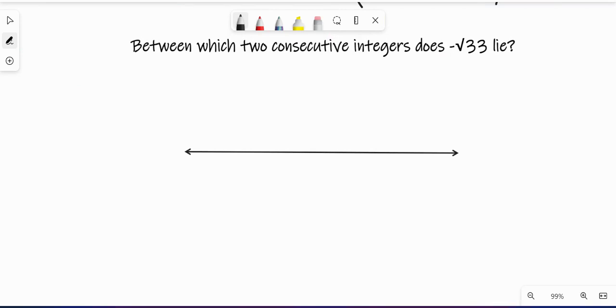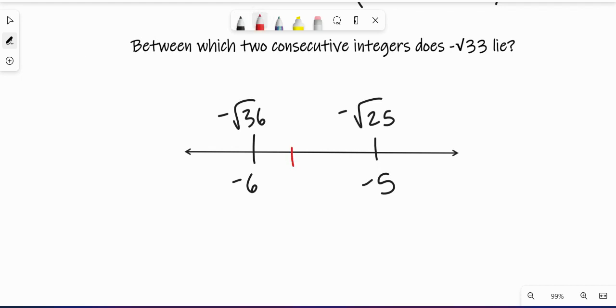So it's going to be between negative square root of 36 and the negative square root of 25. Negative square root of 36 is negative 6. Negative square root of 25 is negative 5. So it's going to be in between. 33 is closer to 36 than to 25, so it's probably going to be somewhere here.